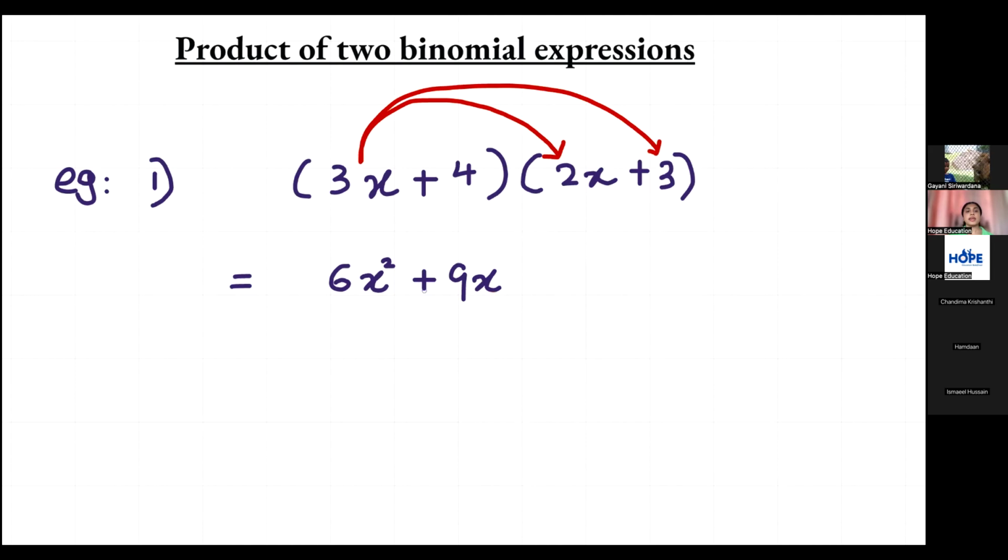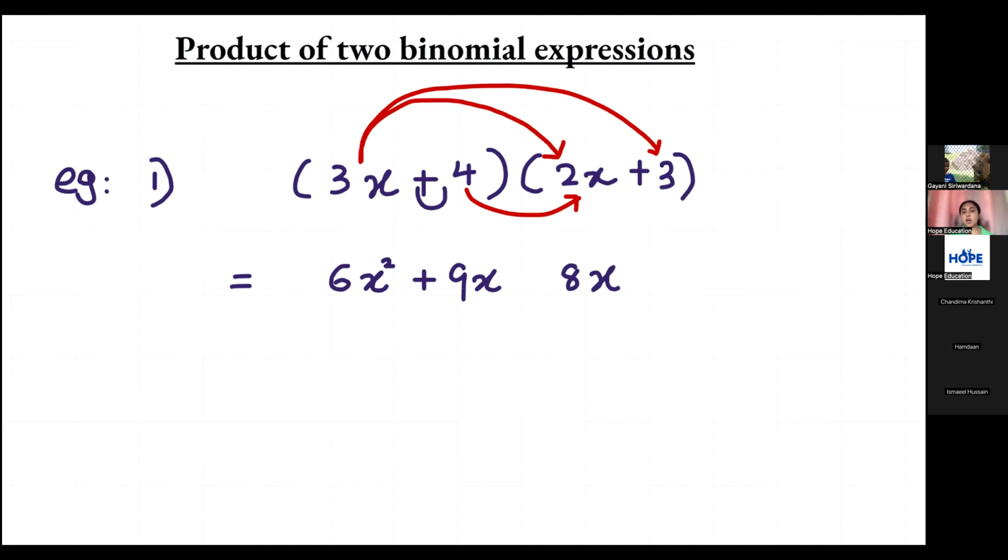Okay. Then we have 3x multiplied by 2x and 3 both. Now let's move on to 4. 4 multiplied by 2x. Let's see. 4 times 2 is 8. This doesn't have a letter, but this has x, so I will put x. Here there is plus.